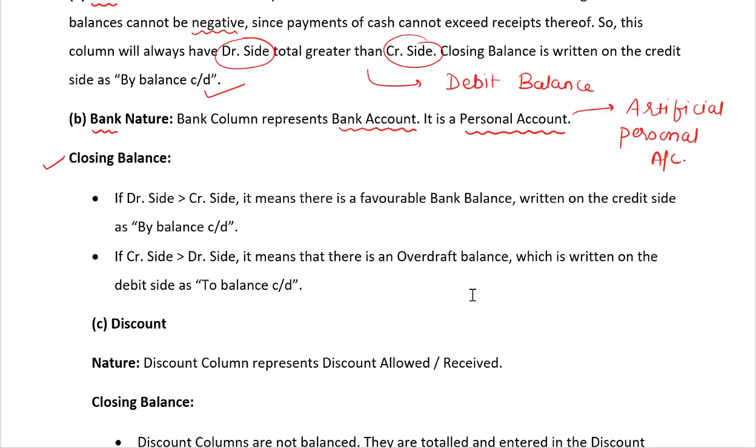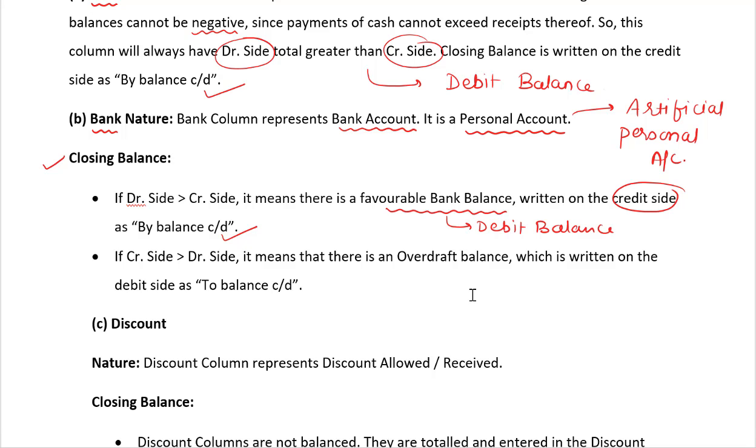Let's see how we will record the closing balance. If the debit side total is greater than the credit side total, this means a favorable bank balance, or debit bank balance. It is written on which side? Credit side, by balance carried down. It is written on the credit side, but since the debit side total is more, it is a debit balance.